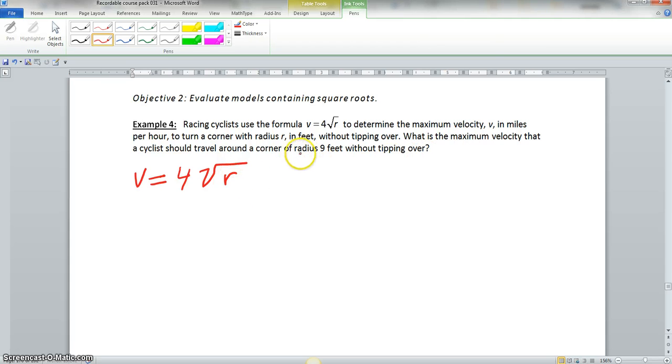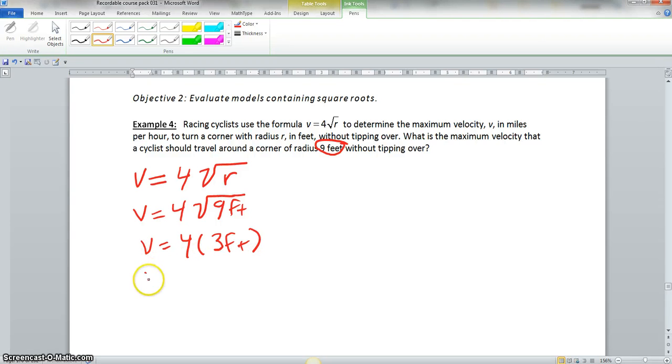So we know radius is our r. So we'll substitute in 9 feet for r. So we have v is equal to 4 times the square root of 9. Now we don't have to write feet, but we can. Okay, so the square root of 9 will give us 3. So we have 4 times 3 feet. 4 times 3 will give us 12.